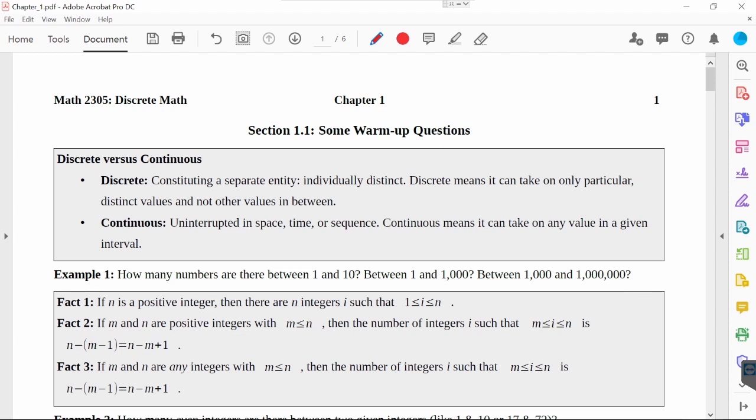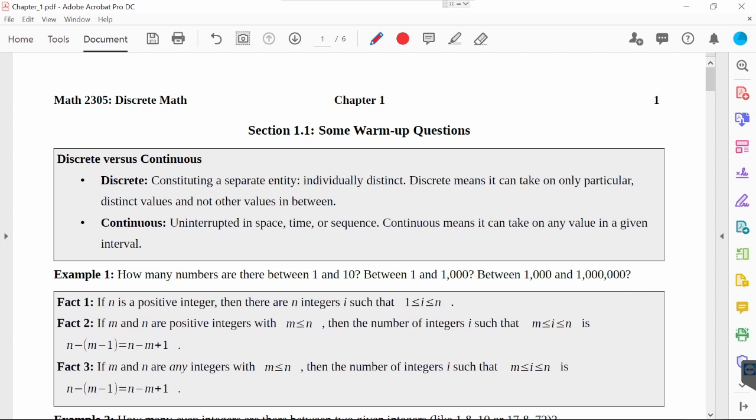So here we're starting with section 1.1. And to begin, I kind of want to clarify something specific about discrete versus continuous. So we're going into these subjects that are encompassed into the topic of discrete mathematics. So what does that word actually mean for us here?